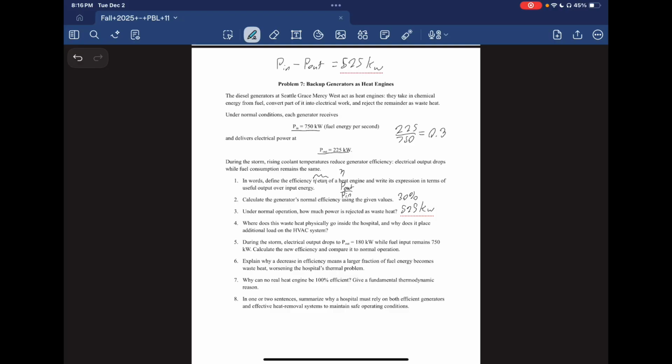And then during the storm, our output drops to 180 and fuel input remains at 750. And so if we do 180 over 750, we're now operating at 24% efficiency.